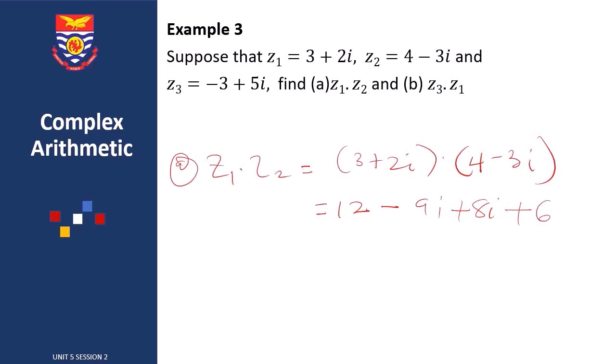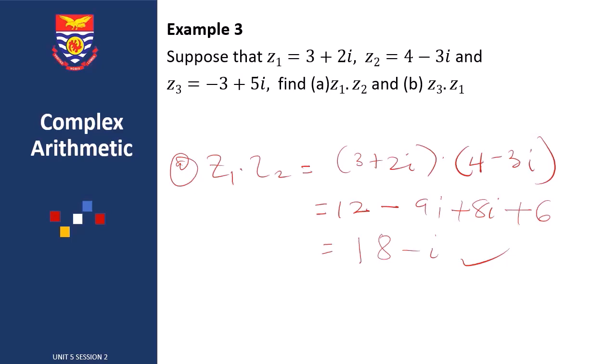Simplifying, 12 plus 6 is 18, and minus 9i plus 8i gets minus i. That answers this question. So go ahead and do the other one.